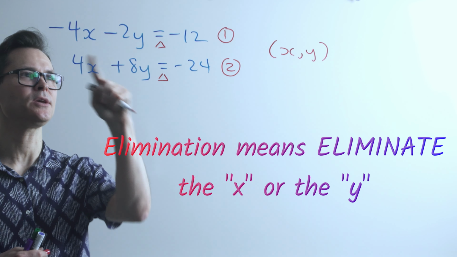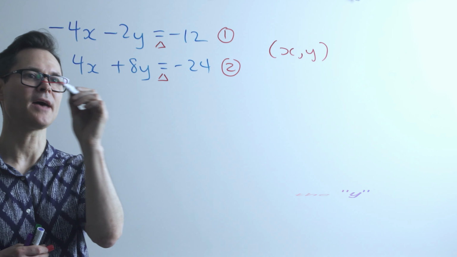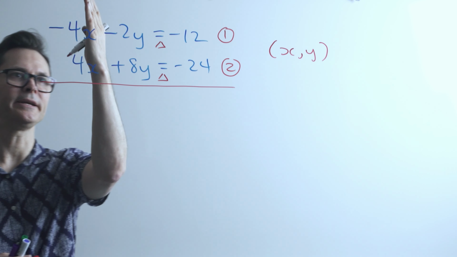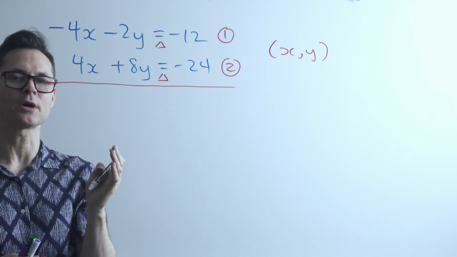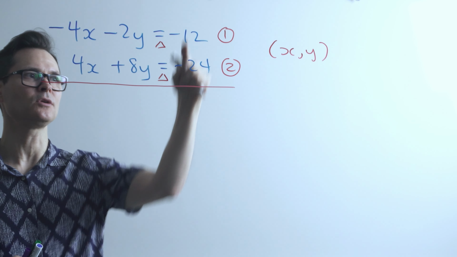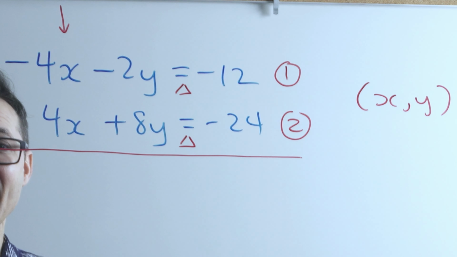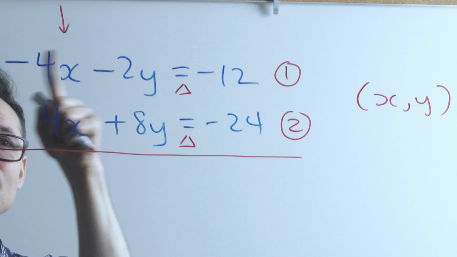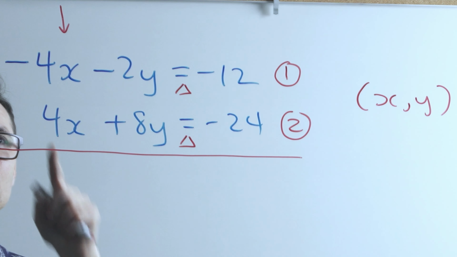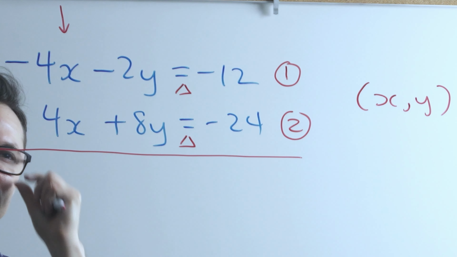So if I look at these two equations, notice that they're all sort of lined up. My x's are lined up in an organized way, my y's, the equals, and the numbers. When you have them like that, just check and see if you could add these together to eliminate one of the variables. Notice I've got a -4 here and a +4 there.